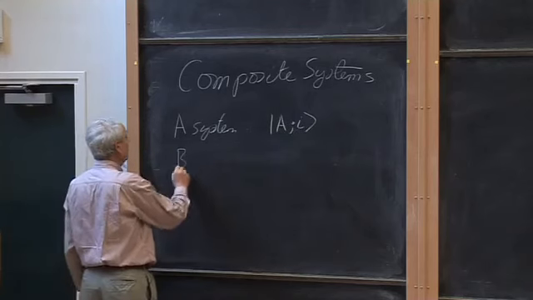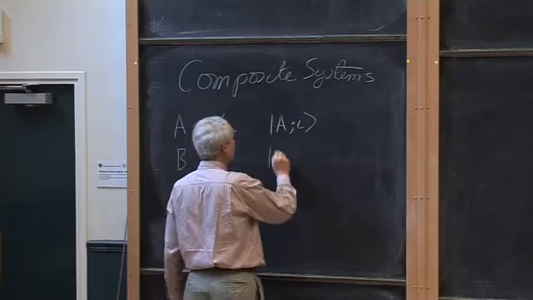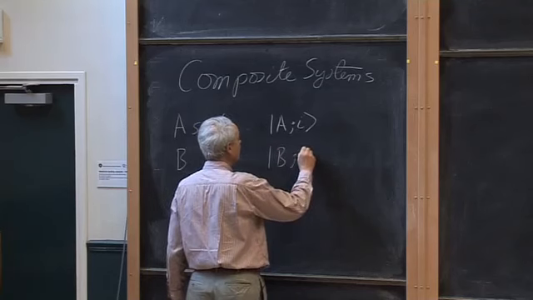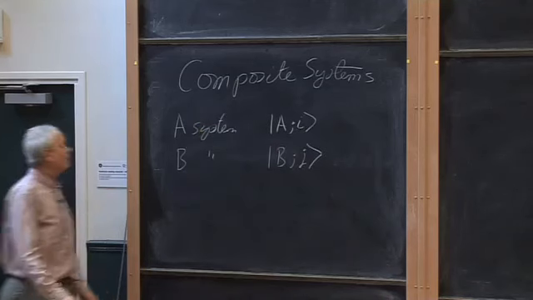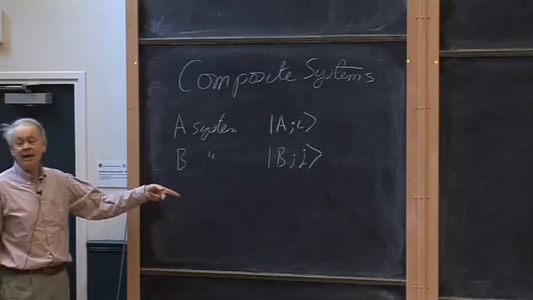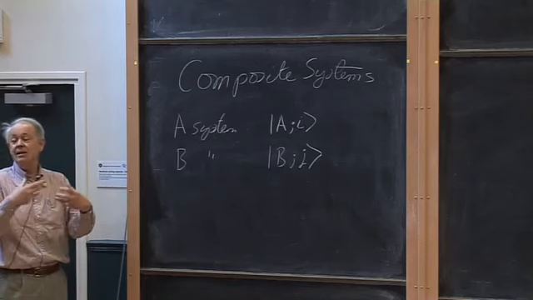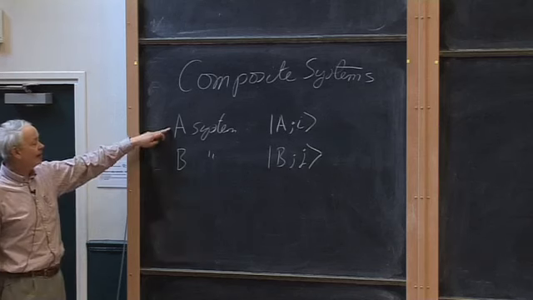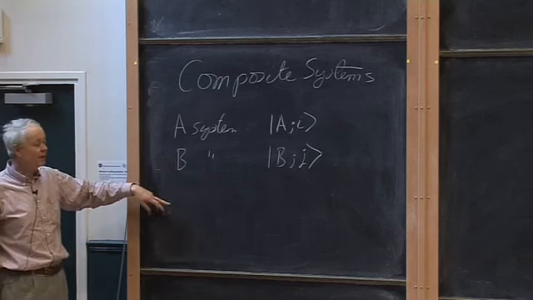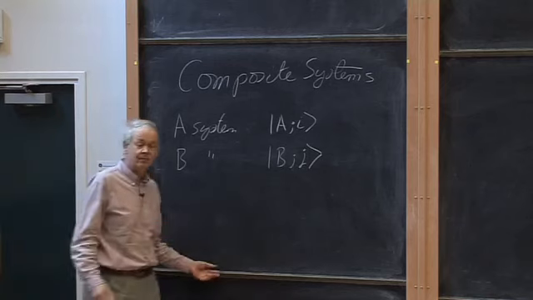And we have a system B, and it will have states something like this. And what we want to know is, how are we supposed to write the states of the compound system, the system that you get by considering A and B together? So this might be the electron, this might be the proton. What's the state of the compound system, which we call a hydrogen atom, for example?